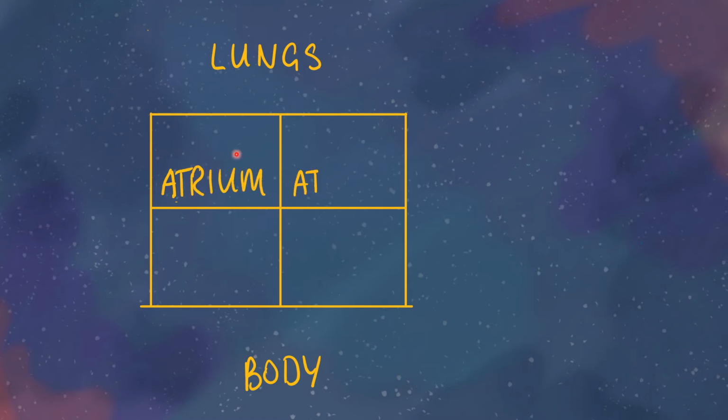The 2 at the top are called atria. Atria if we're talking about more than one of them, atrium if it's just one of them. Now it's a confusing name to remember, and when I reveal what the one underneath is as well, some people get confused and they put atria on the bottom.